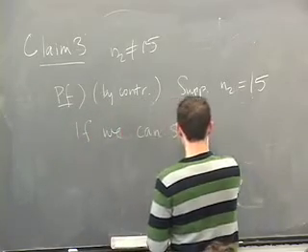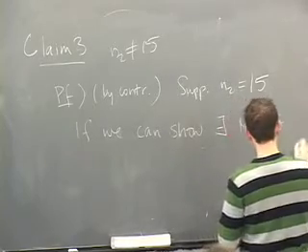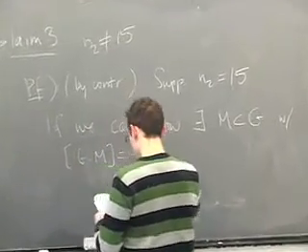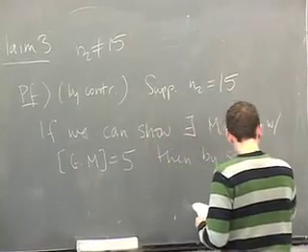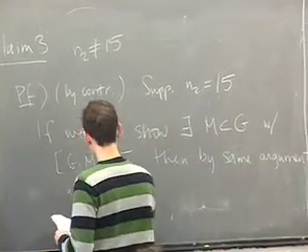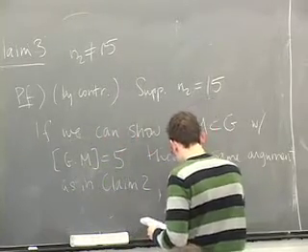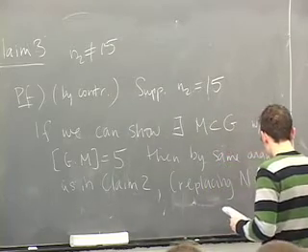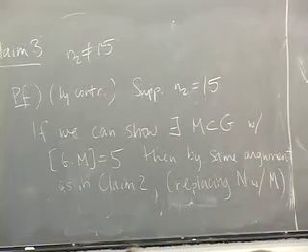If we can show there exists a subgroup M of G with index equal to 5, then by the same argument as in claim 2, replacing N with M, you can show that G must be isomorphic to A5.